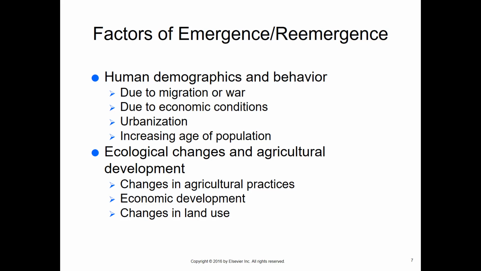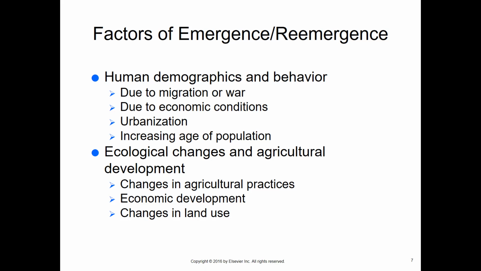Other changes are changes in the ecosystem. Frequently identified as factors for emerging infectious disease. And this is because we have changes in the way we practice our agriculture, changes in the way that our economic situation is being developed, and changes in the way we use our land.